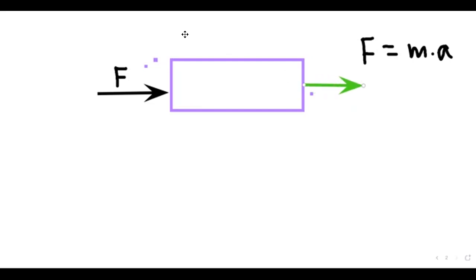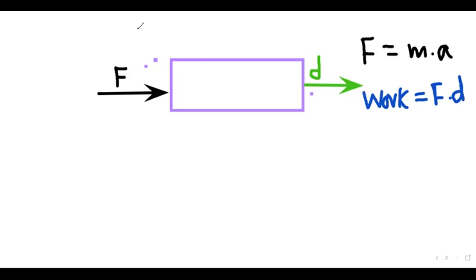You can see force and displacement are in the same direction. Both force and displacement are in the same direction. So when force and displacement are parallel or anti-parallel, we say some work is done. So the second thing we can see is that work is actually force times displacement.